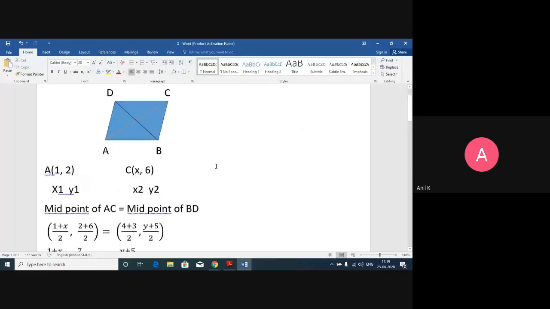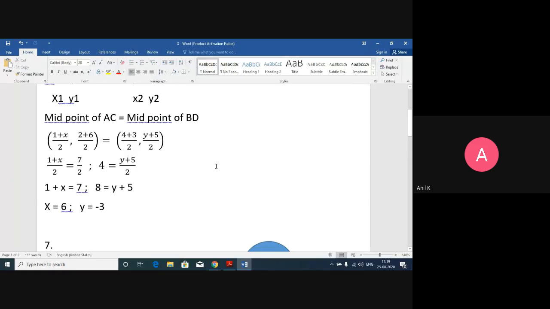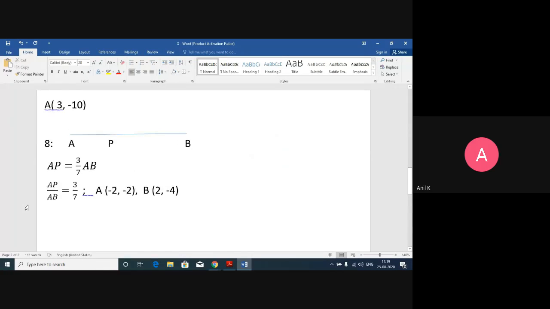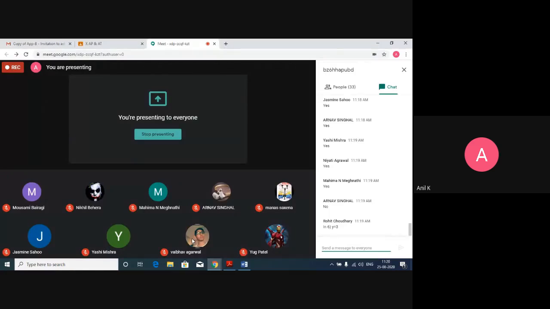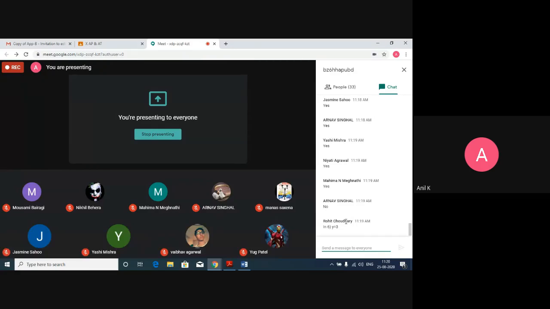Sorry, in the 6th question, y is 3. Yes, you are correct. So here I cannot take my ratio as 3:7. There is an issue. What is that issue? Does anyone know what the problem with 3:7 is? Why can't I take it as 3:7?